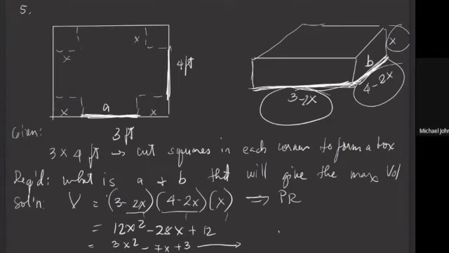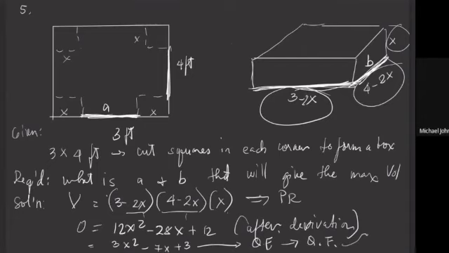After derivation, this must be equated to 0. This is a quadratic equation, so you use the quadratic formula to arrive at values of x. Dalawa, because you have two values for x.